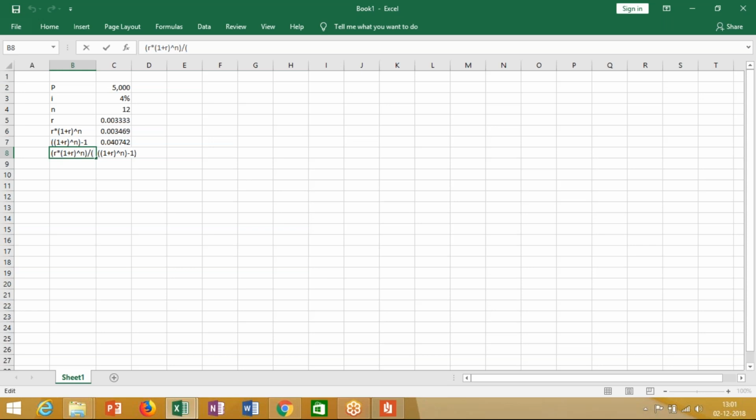Let's put it like this: this is 1, this is 2, this is 3, 4, 5, 6. What is 5 divided by 6?